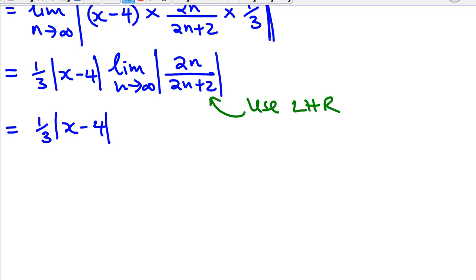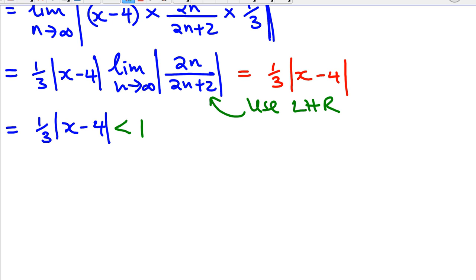Now what we can do at this stage is think about the conditions for convergence of the ratio test. So this should be less than 1 for convergence. Maybe I can add some more details here just to avoid confusion. This will be equal to a third absolute value of x minus 4.